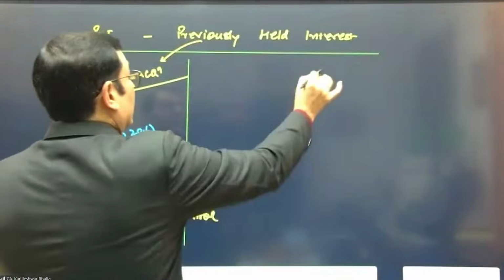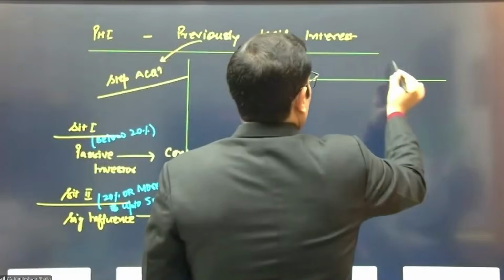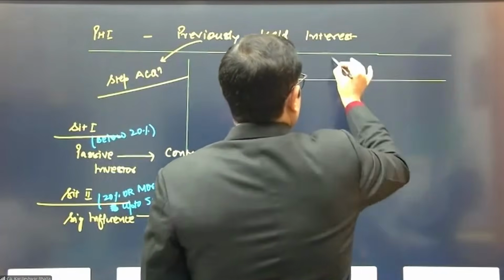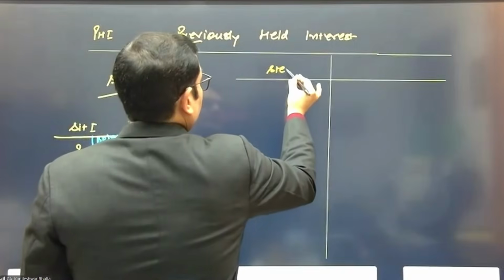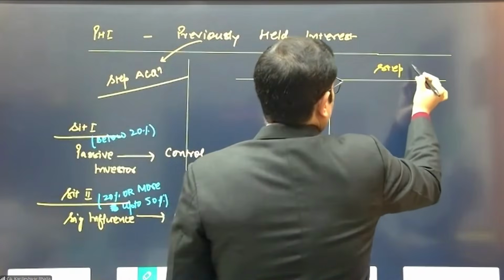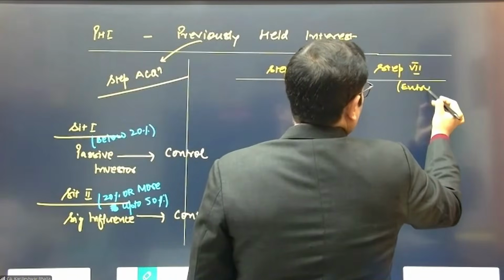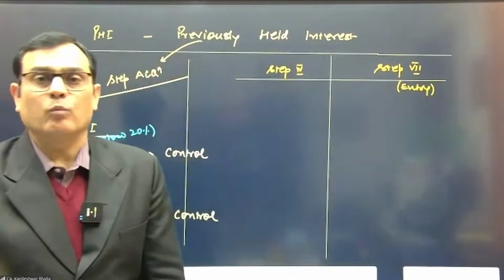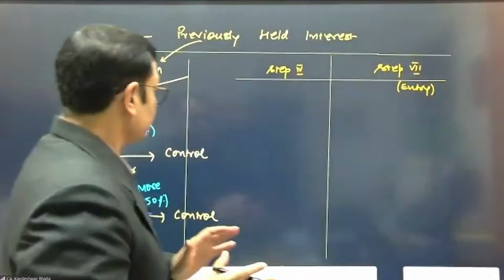So I'm going to give you the impact of this accounting in two stages: one is the impact at step number 4, and the other is the impact at step number 7. That is, when you put the entries in the books of accounts, what is the impact? Now watch this carefully. We'll do questions on this as well.